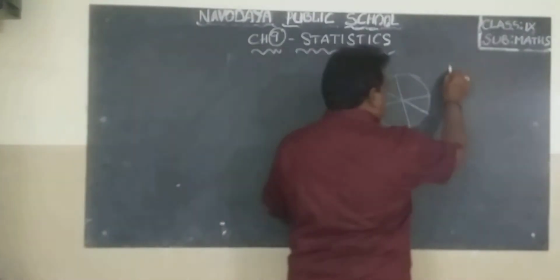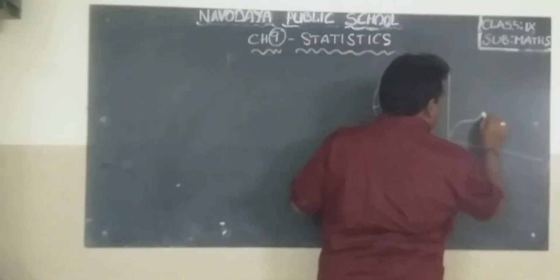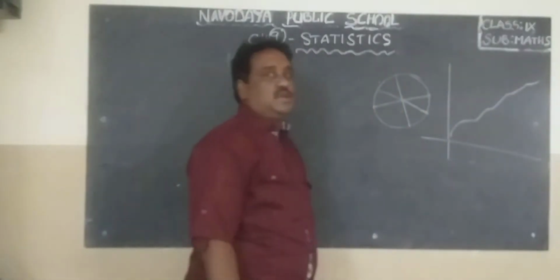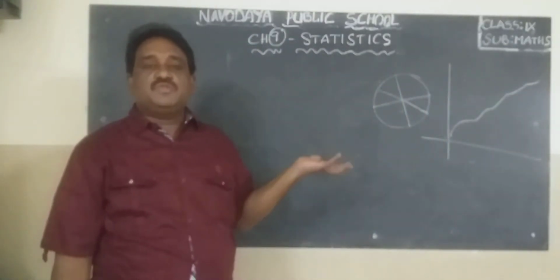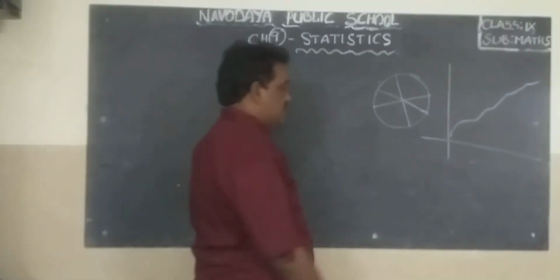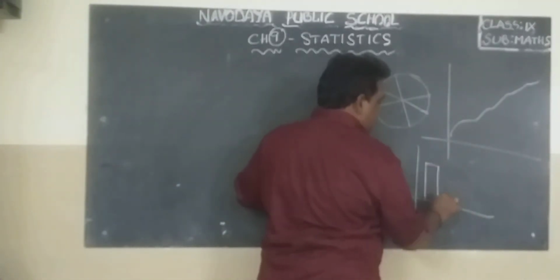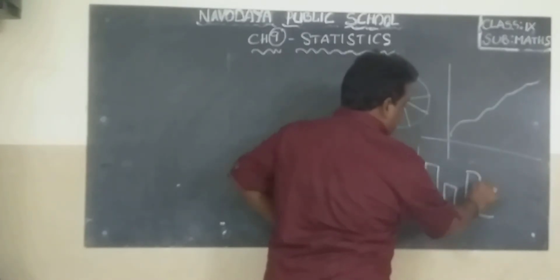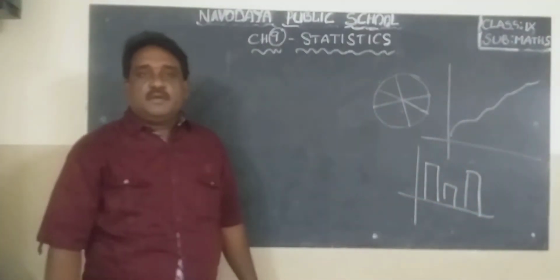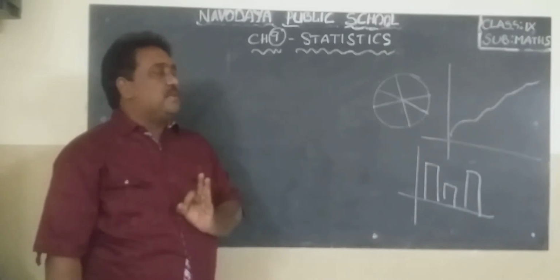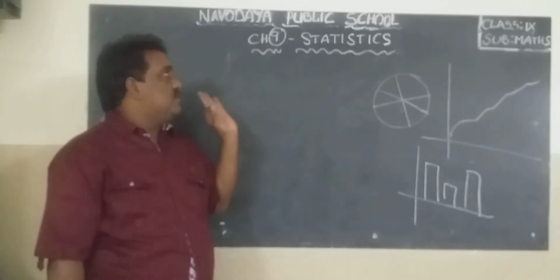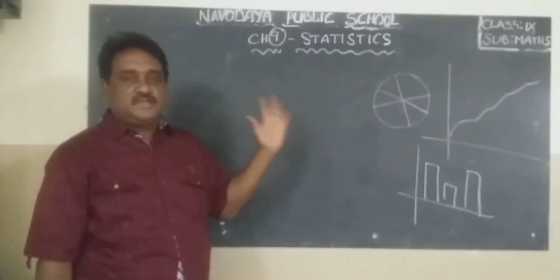And this type of diagrams are there. In comparison of scores, what do they use? Statistics. Everything belongs to statistics, runs comparison. So the best example is cricket matches.